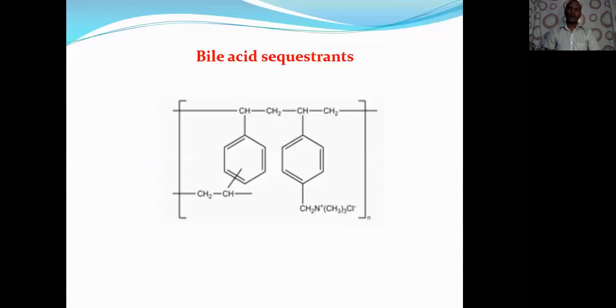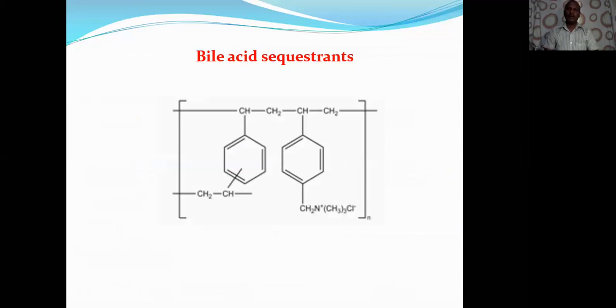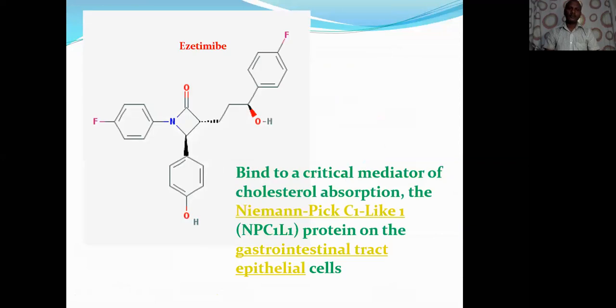So these are bile acid sequestrants. Next, another class of drug. This is a newer class of drug, like ezetimibe. These drugs bind to the mediators of gastrointestinal cholesterol absorption.